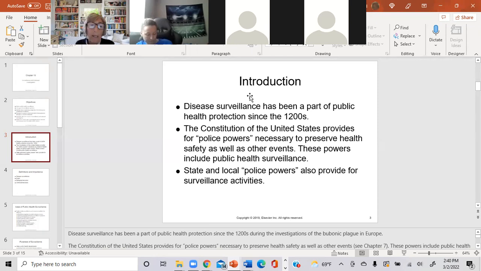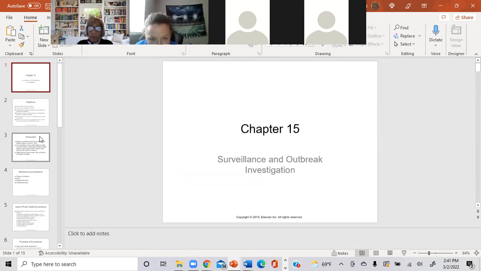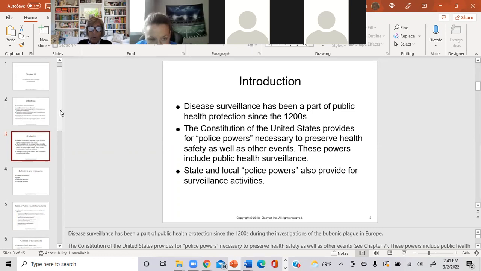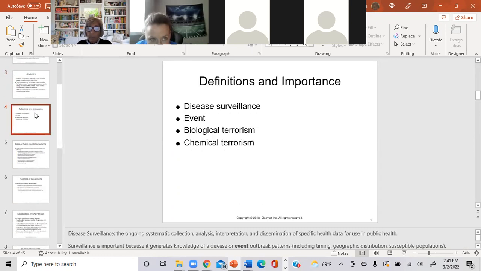What have we been surveilling for the last 2 years? COVID. Yep. Right. We have been surveilling it. Right. And we have been looking at outbreaks. That's all we've been doing for 2 years with COVID. Right.